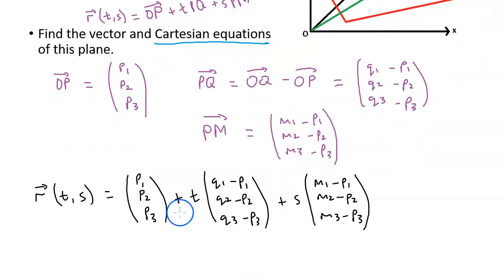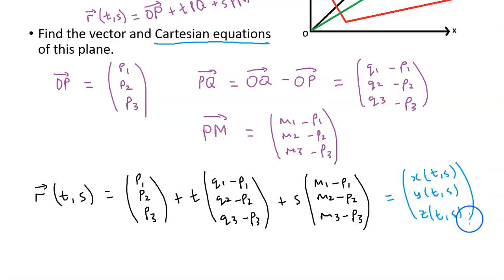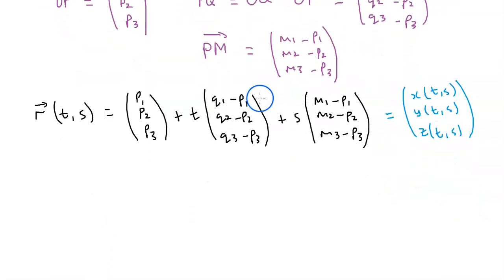I haven't tried, but I guess you could do some really complicated thing here and solve for x of T, S, y of T, S, z of T, S. From here, you can just observe that the last two equations are linear equations about y and z in terms of t and s.